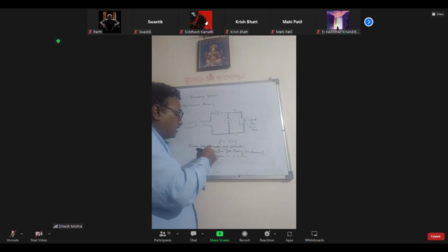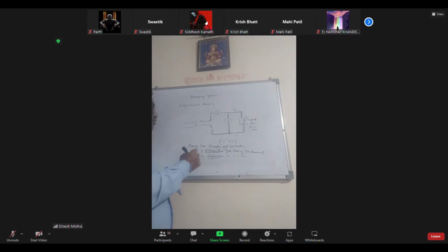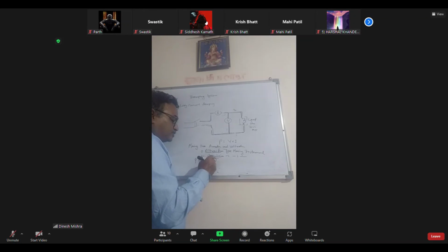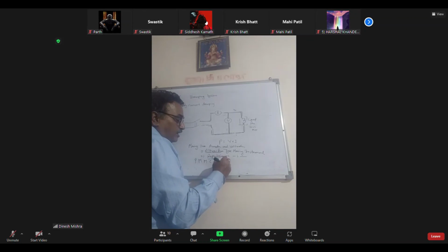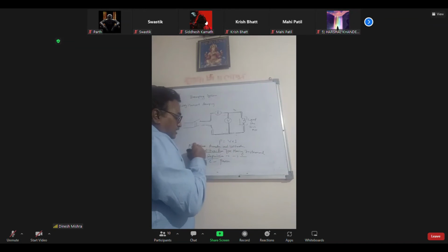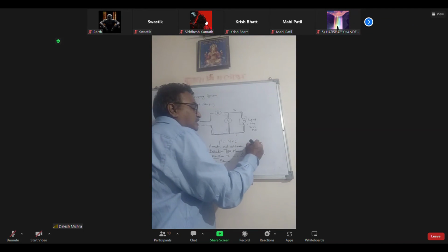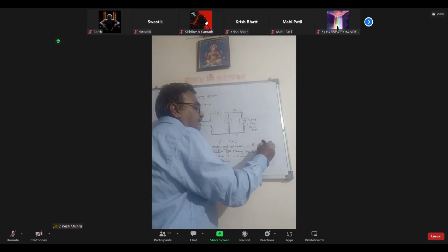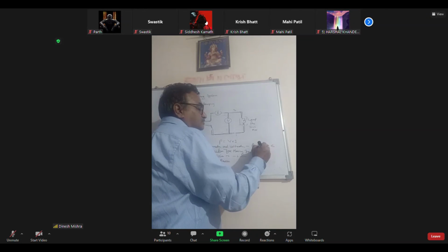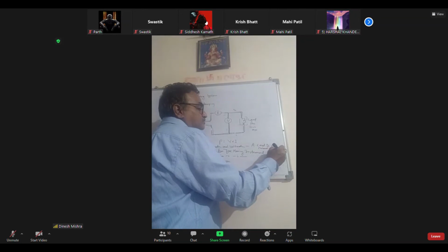Attraction moving iron instrument, and second is the permanent magnet, PMMC. It is used for AC and DC current and voltage.